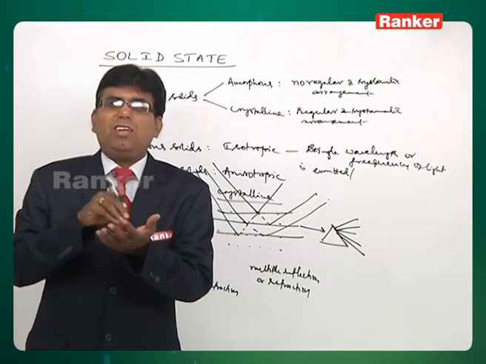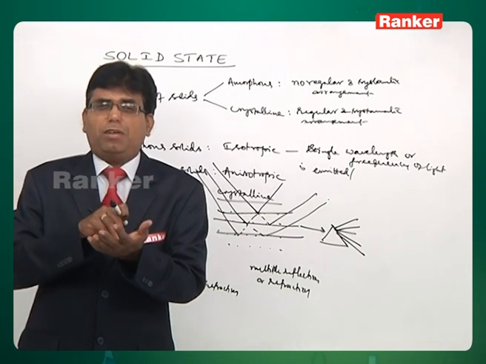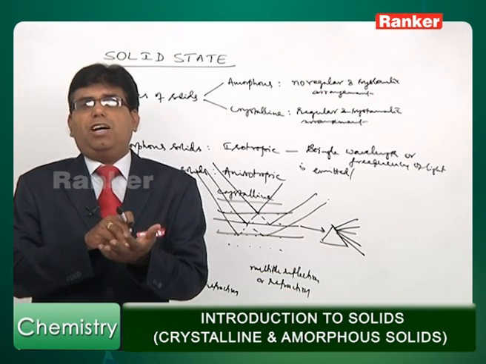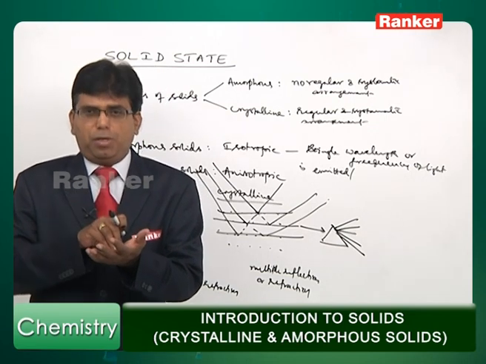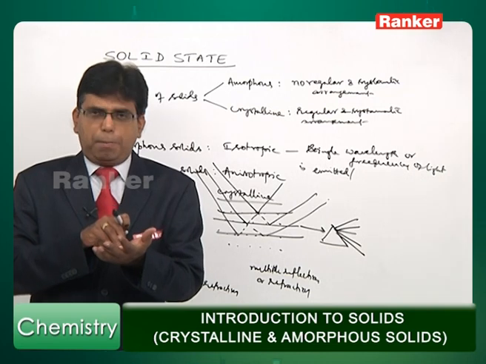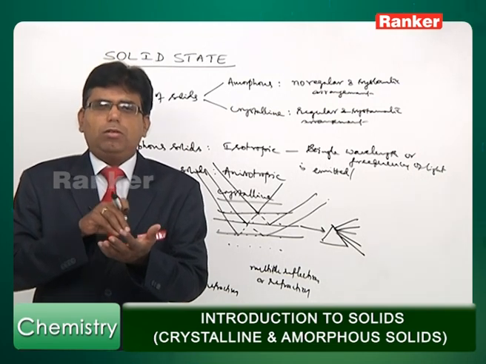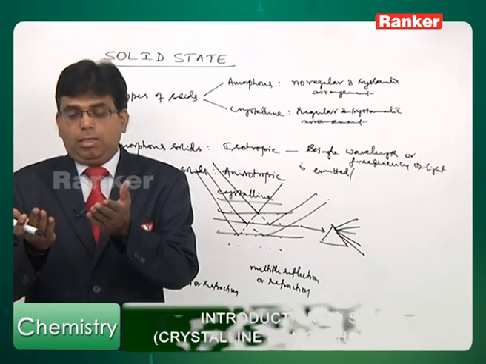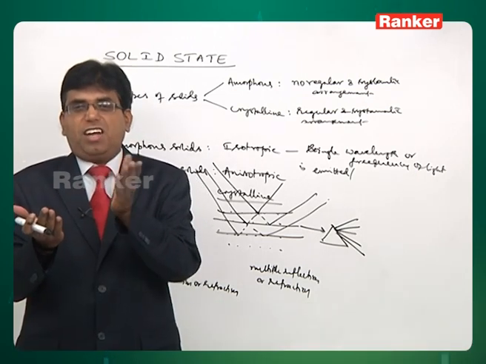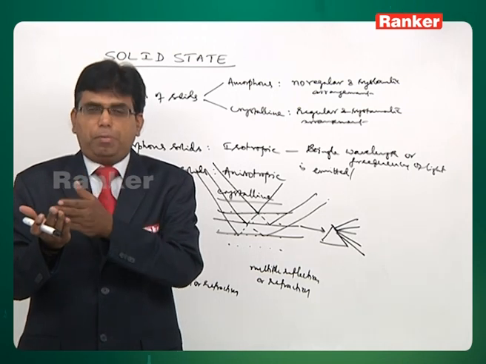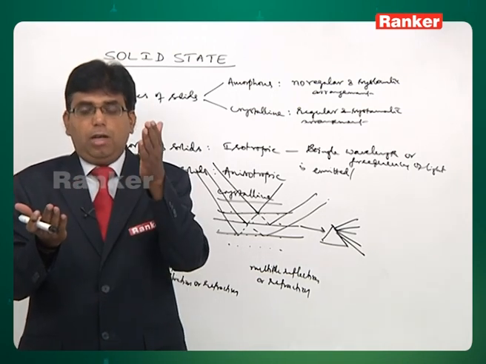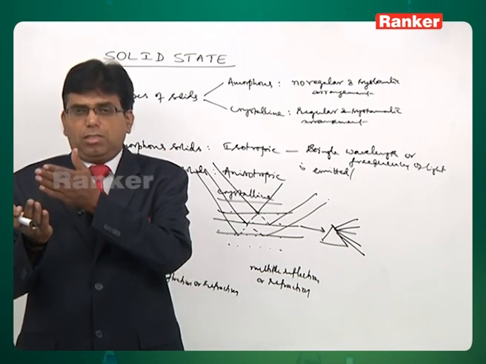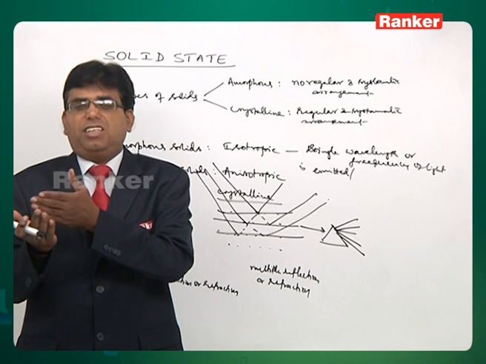The best example of an amorphous solid, a supercooled liquid, is glass. We also have amorphous silica, amorphous boron, and amorphous carbon such as coal and coke. Even the same element can have both crystalline and amorphous allotropic forms. For example, carbon has the amorphous forms coal and coke, whereas the crystalline forms of carbon are graphite and diamond.